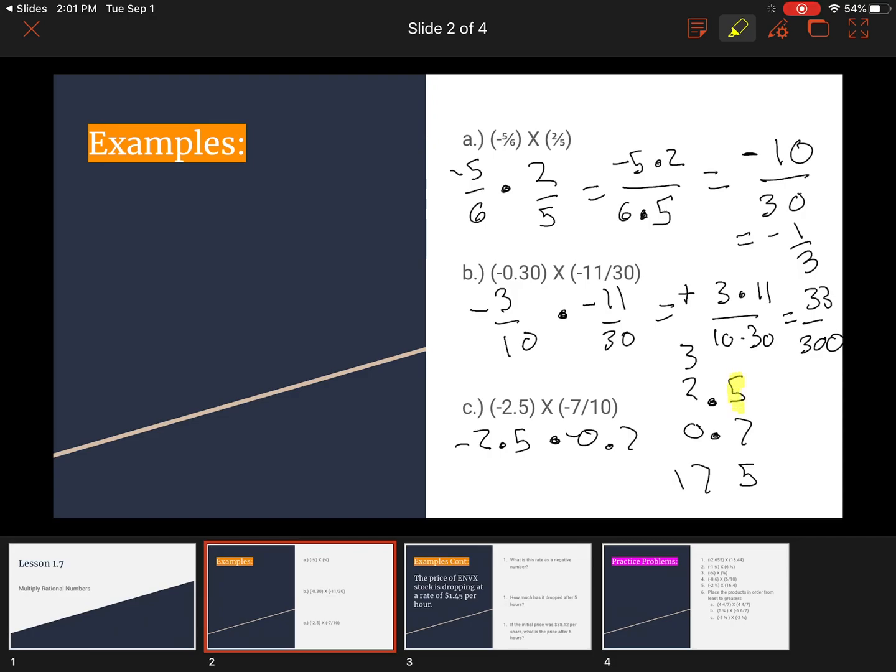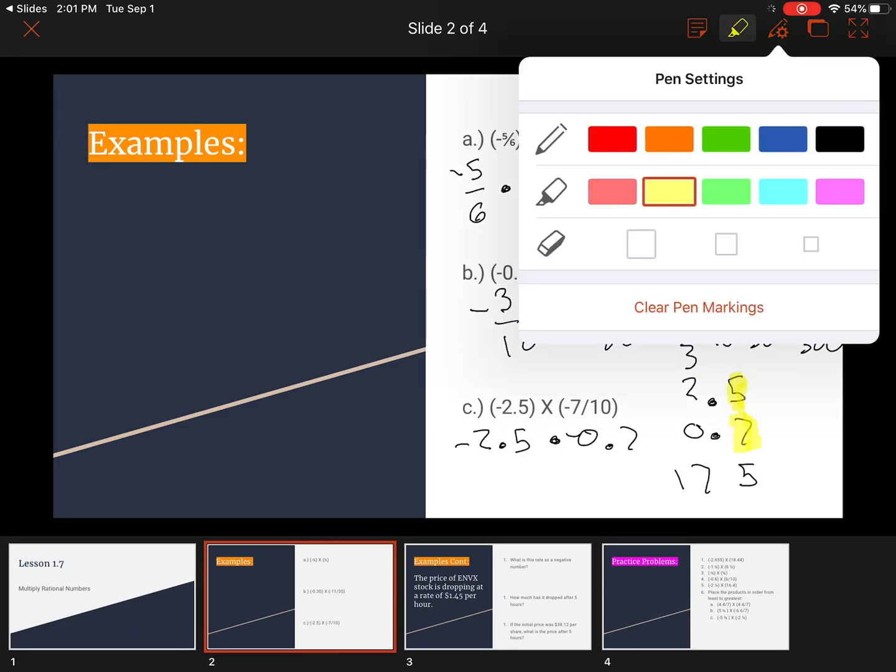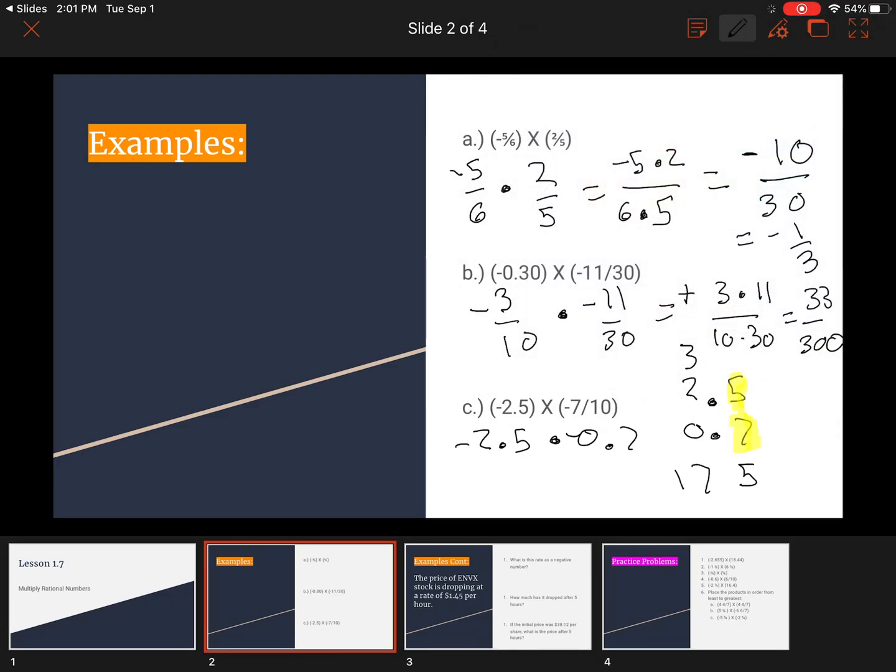So in our first value, we have 1 decimal place. In our second value, we have 1 decimal place. And that means that in our product, or in our answer, we need to have 2 decimal places. When you're multiplying decimals together, you need to count up how many decimal places you have in both values, and that's how many you will have in your answer. All right, so I have a 1.75, and that's 2.5 times 0.7.